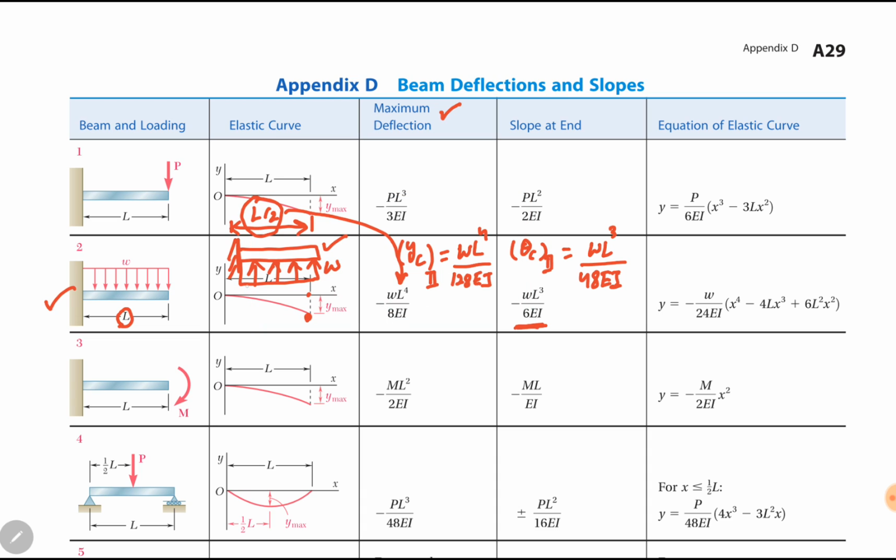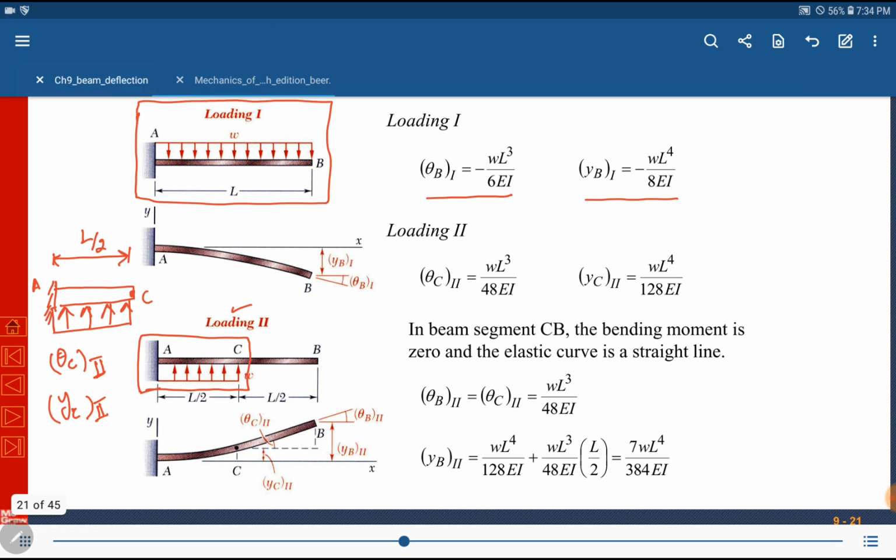These negative signs are for downward load, but in our case load is upward loading number 2. I will use positive sign. So I will put YC2 and theta C2 in our problem here.